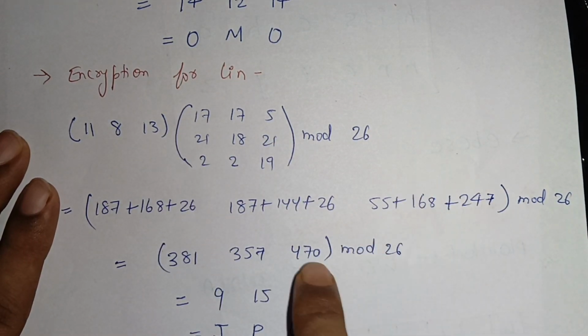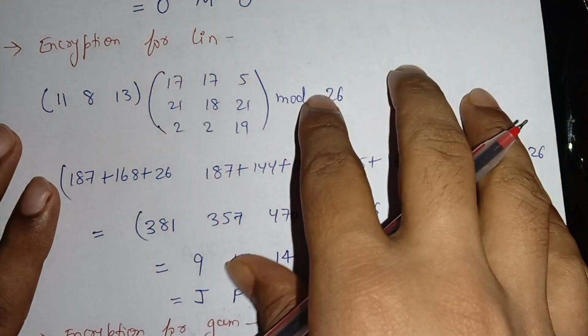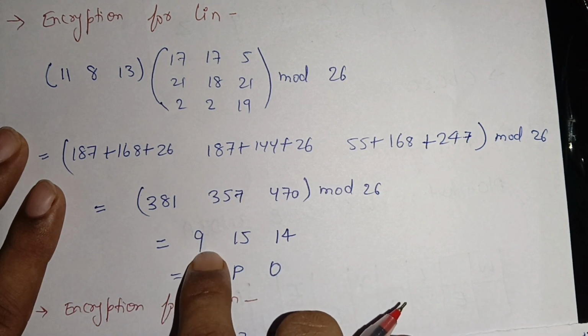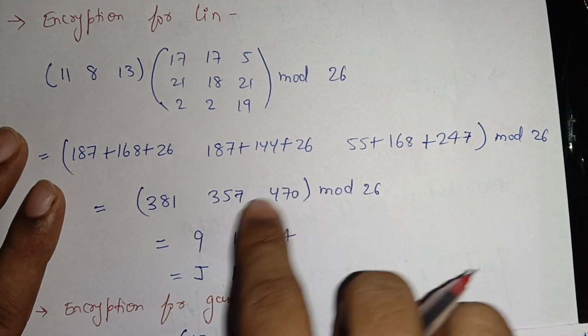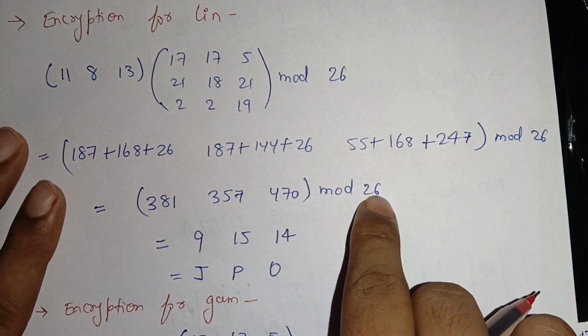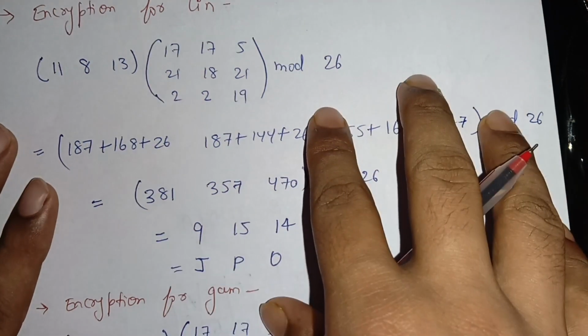After addition of this we get 470. Then mod 26. After dividing 381 by 26, we got the remainder as 9. After dividing 357 by 26, we got the remainder as 15. After dividing 470 by 26, we got the remainder as 14.